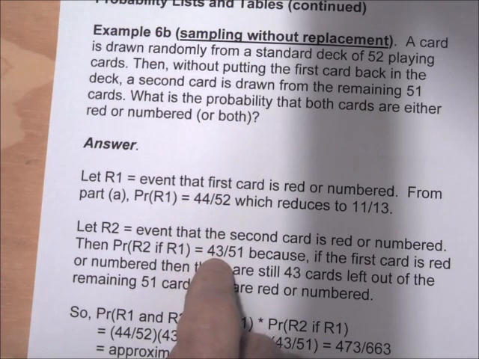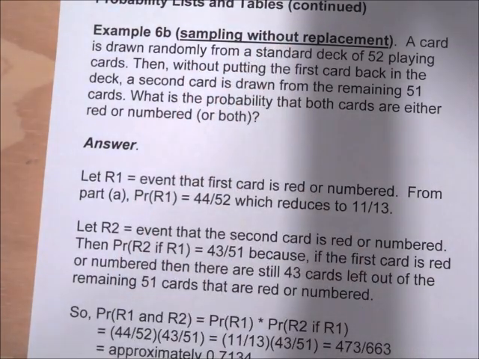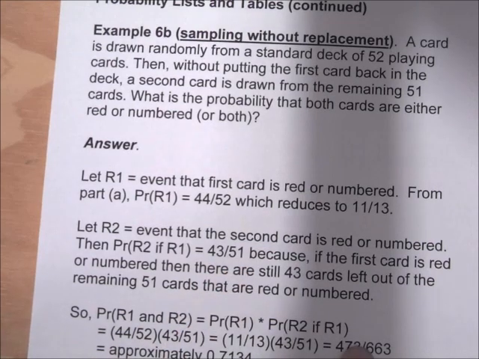If the coin is evenly weighted, you still have the same chance of getting heads on the second toss that you originally had on the first toss. But these are slightly dependent. There's a slight change in the probability. This is called sampling without replacement. Without putting the first card back in the deck, we drew a second card.